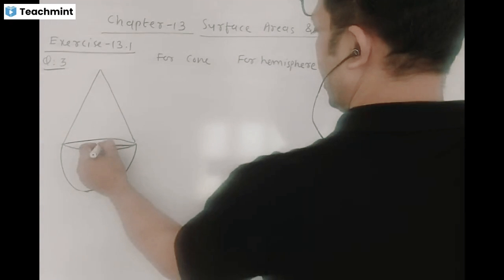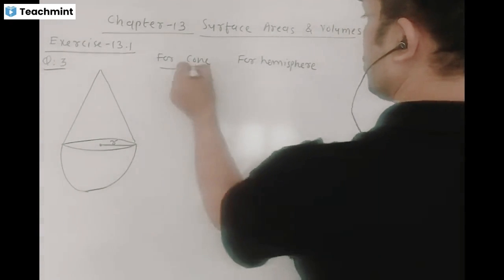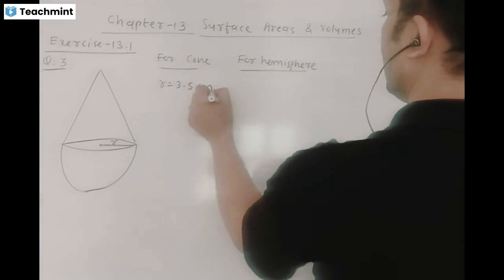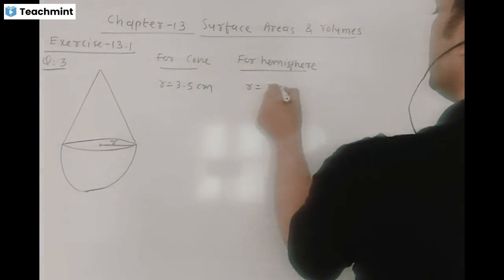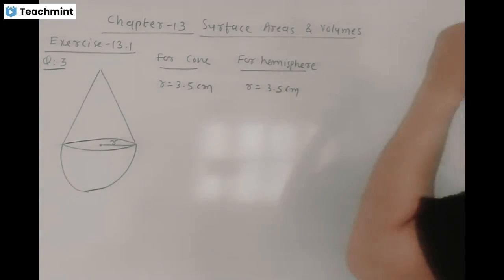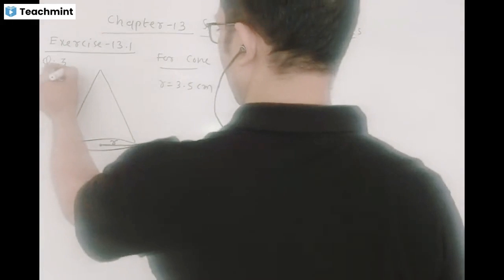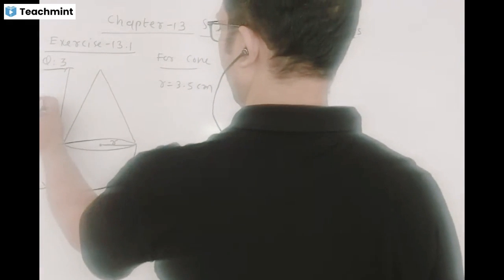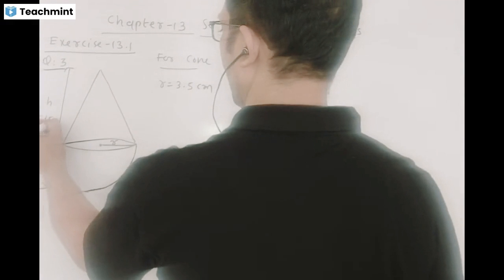That is, r is the radius of the cone, 3.5 centimeter, and the hemisphere radius is also 3.5 centimeter. Total height of the toy is 15.5 centimeter.